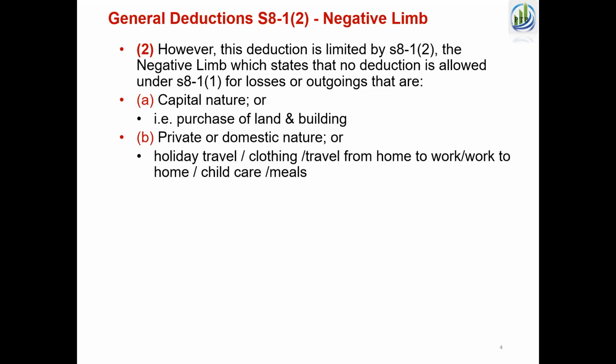You may think that we are deducting sometimes for home to work travel. Yes, there are some special rules for that. We will talk about it later. So at this point, anything of private or domestic nature, you cannot deduct under the general deductions, right? Your normal clothing, where you are living, your home mortgage and interest, the insurance you are paying, for example your health insurance, we cannot deduct from our income tax.